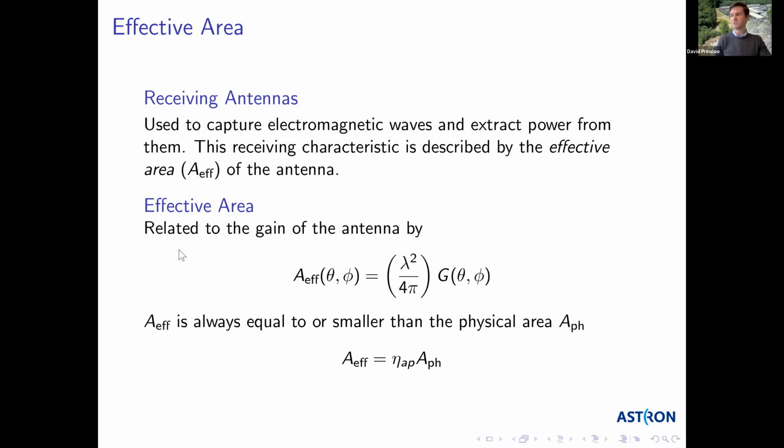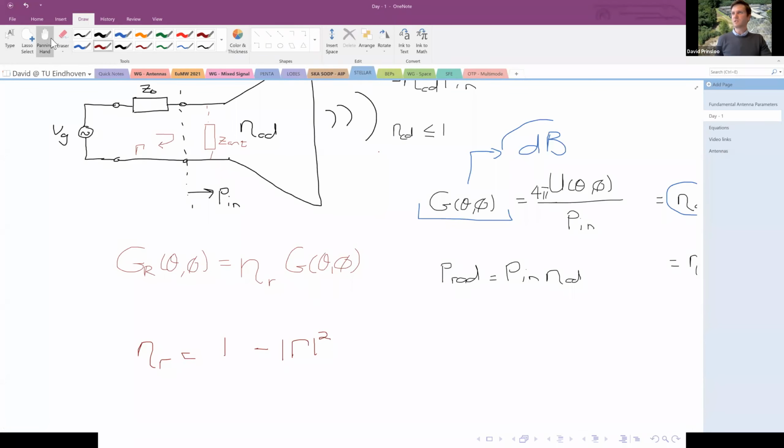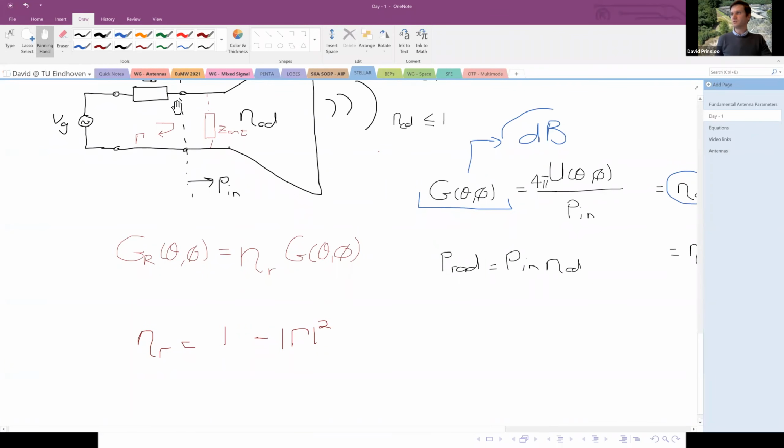Now, I will again suggest that this equation you also write down, because we will be using it at a later stage again. So please note this one down. But just to explain to you what this effective area is and how it's used.